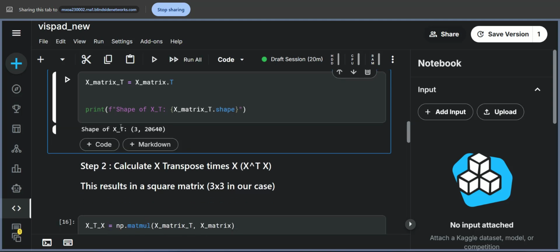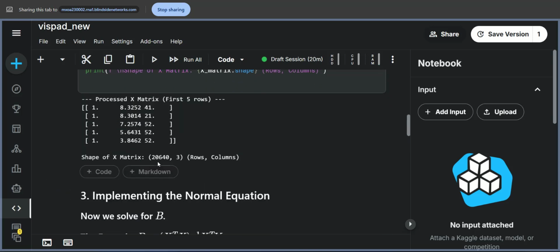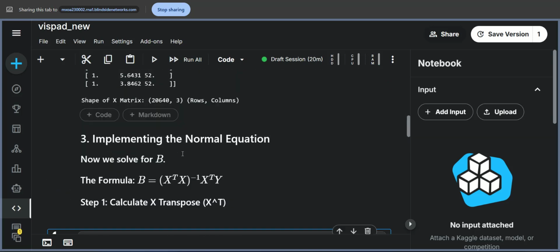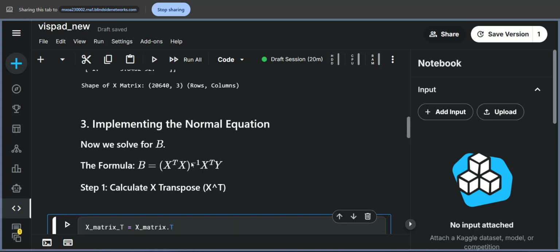Okay, so now we have our transpose matrix. You can see that at first it was 20,640, and when we transpose it, now we have 3 by 20,640. We know the transpose already, so I'm not going to go over it.